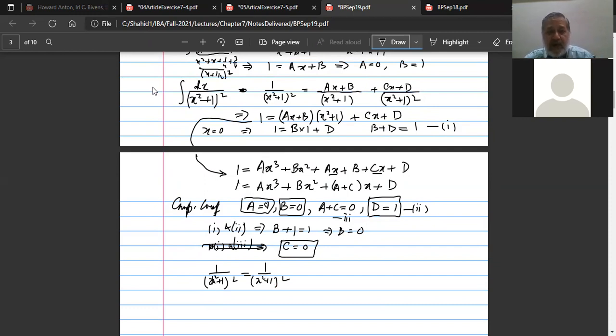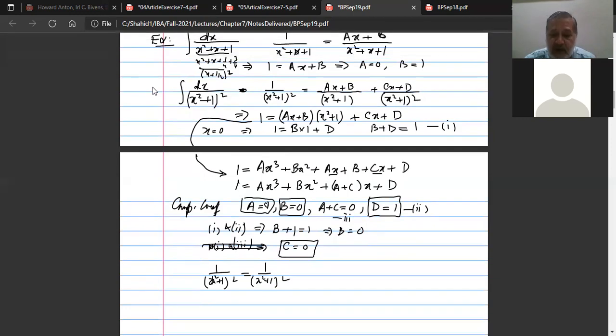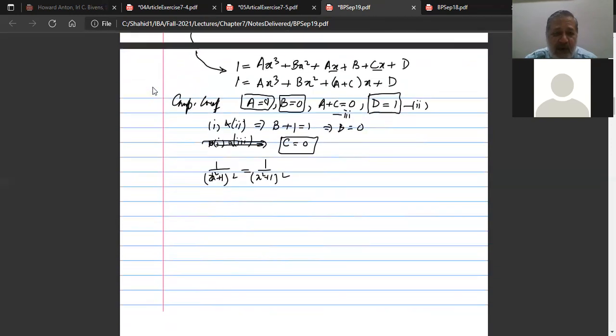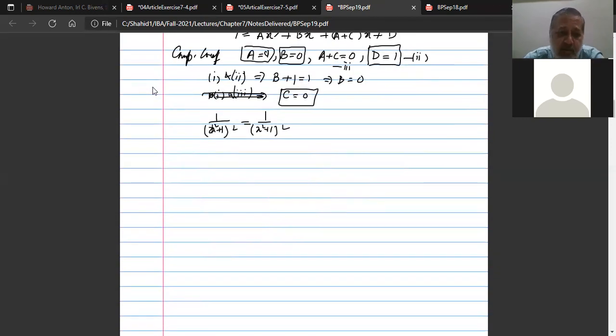Yes, it appears that this technique seems to be worthless, but this technique becomes useful if I have this kind of a mixture.